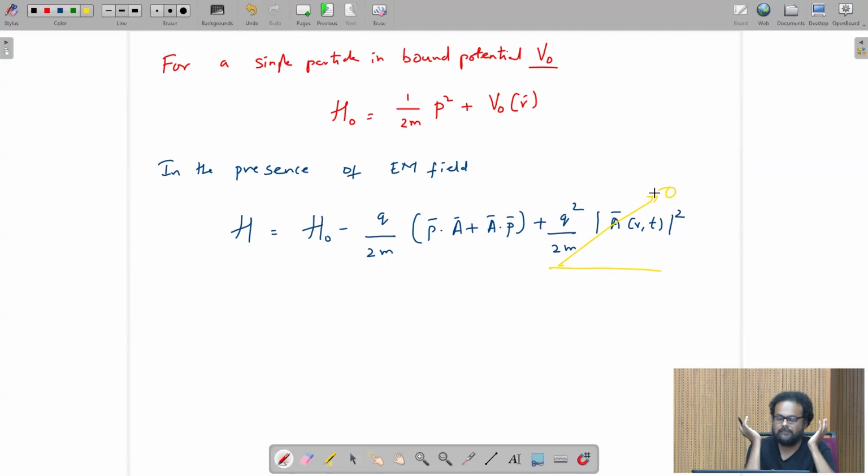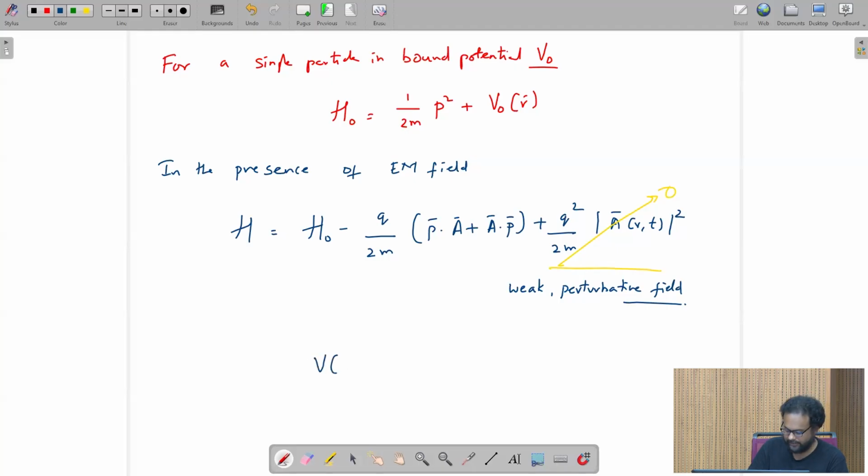Because the value of the vector potential is small, a squared will be much smaller. So implicitly I'm saying I'm going to work under weak perturbative fields. Then life is simple.